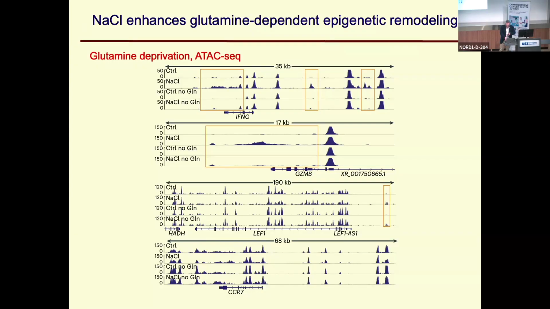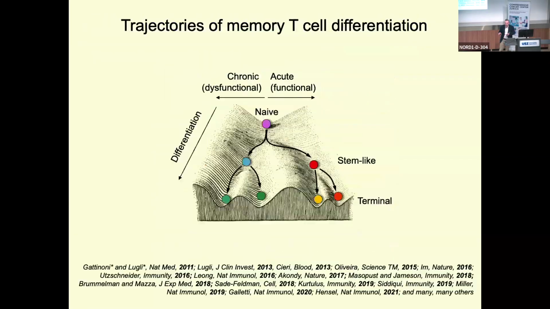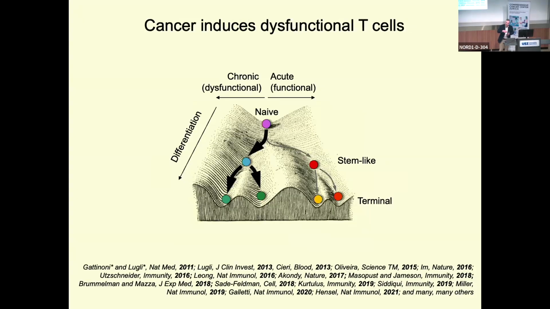So just to summarize this part in terms of differentiation, we have at least two trajectories of memory differentiation. One that goes down the exhausted path or dysfunctional path, if you prefer, and the other one that goes down the functional path. So they're basically cells in these two different valleys. And obviously, when we have chronic stimulation, the cells tend to go down the exhausted path.